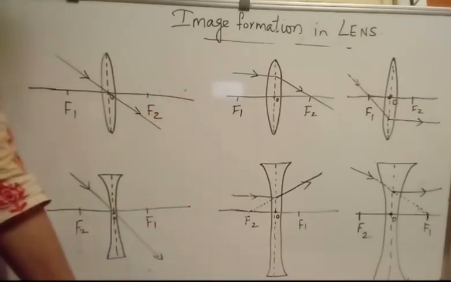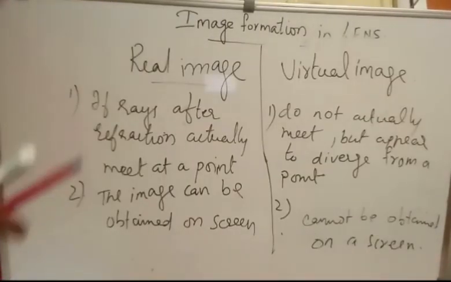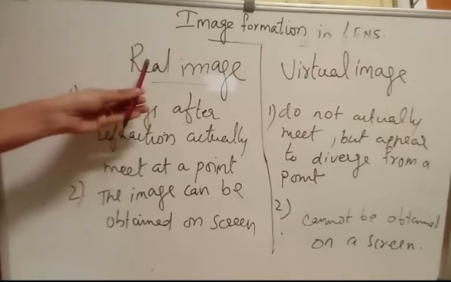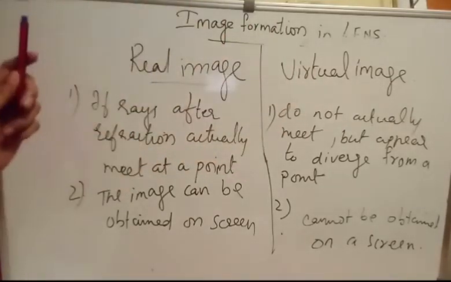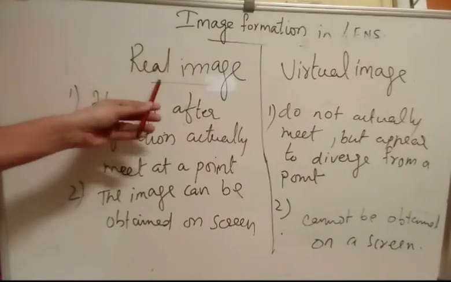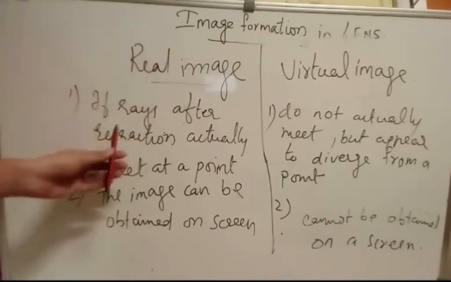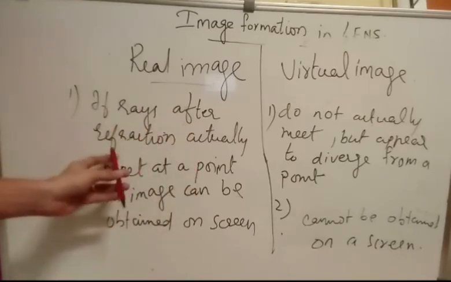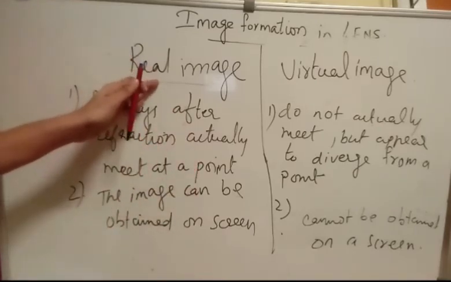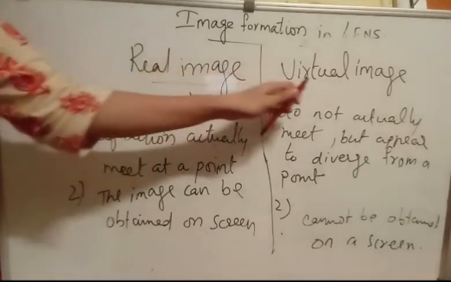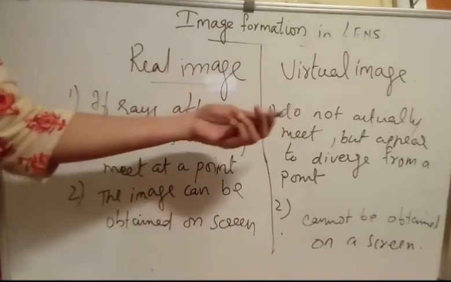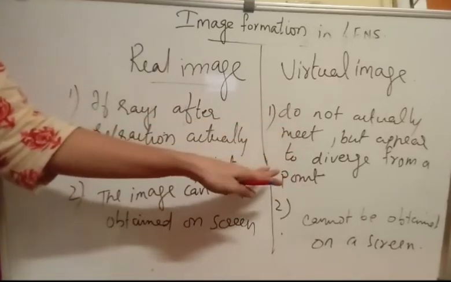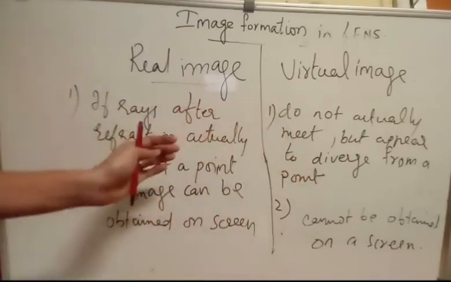Next we will see each and every situation in which we get the image. Now there are two types of image: real image and virtual image. A real image is formed if the rays after refraction actually meet at a point. A virtual image means that after refraction the refracted rays are not actually meeting, but appear to diverge from a point.